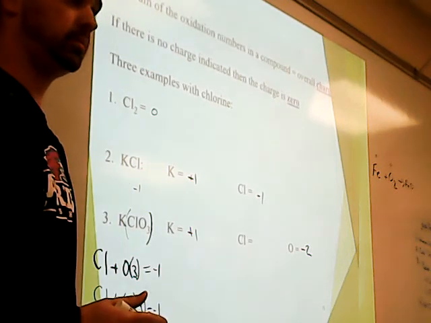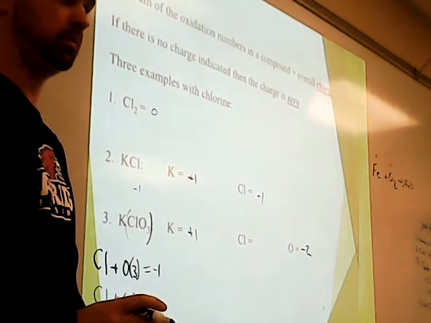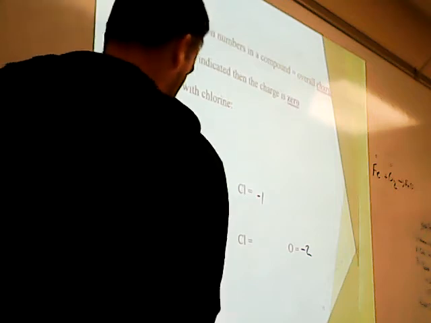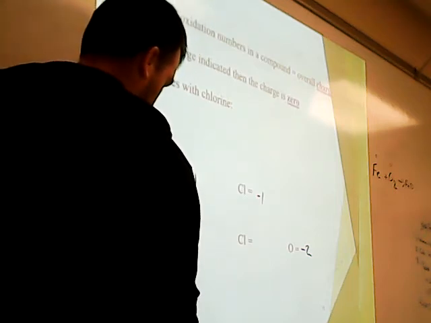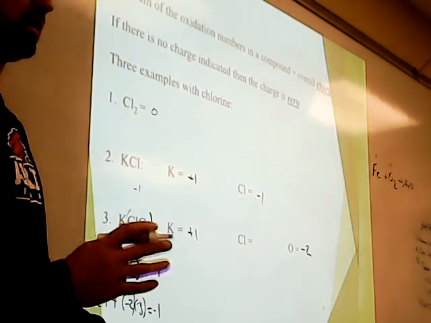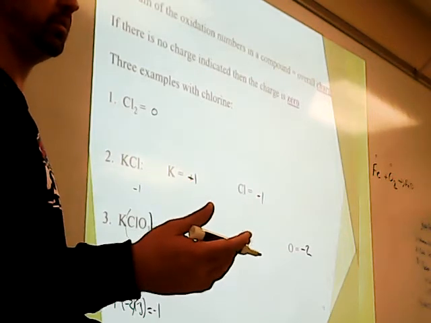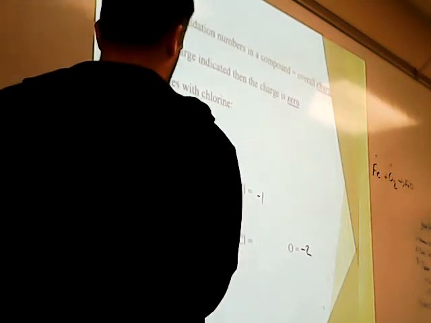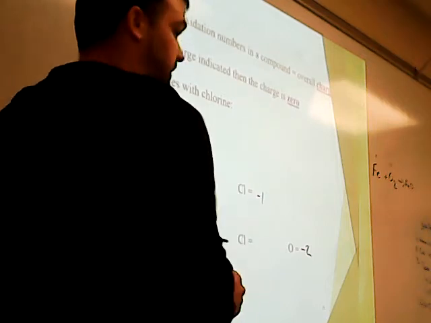Do the math. You've got a little bit of math here. -6. So chlorine plus -6 equals -1. What does chlorine have to be? 5. Not just 5, but a positive 5, because we're talking oxidation numbers. So oxygen is -2, chlorine has to be +5.